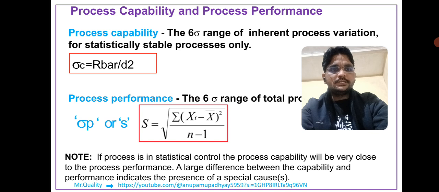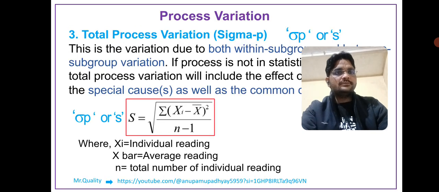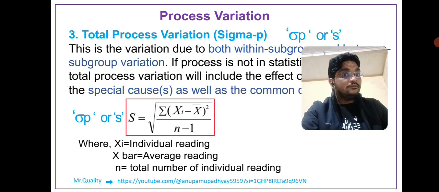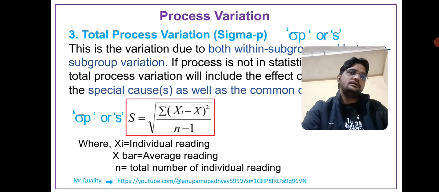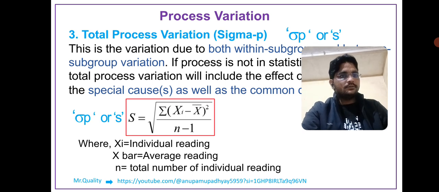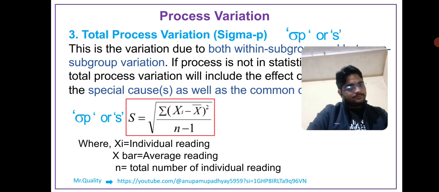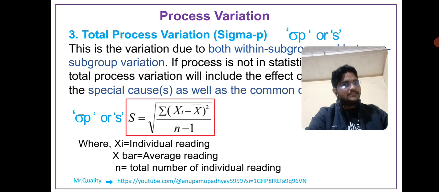For total process variation, we use the standard deviation sigma p. This is the overall variation. For within-system variation, we use sigma c. Sigma c is used for Cp and Cpk, and S or sigma p is used for Pp and Ppk.